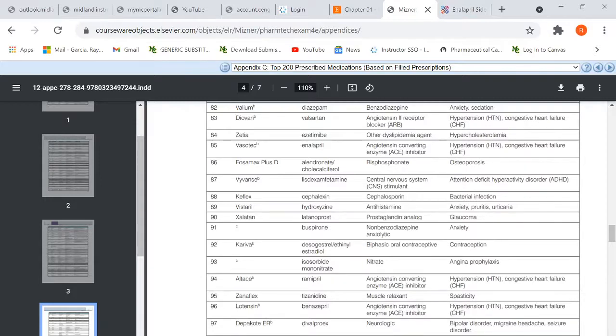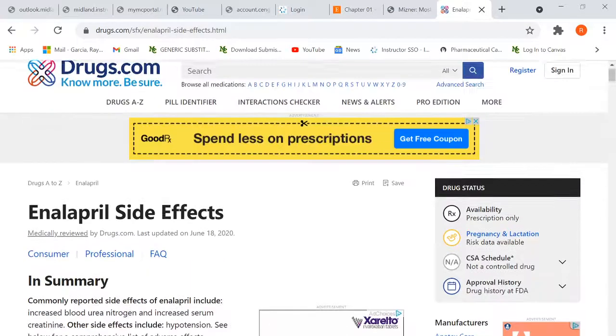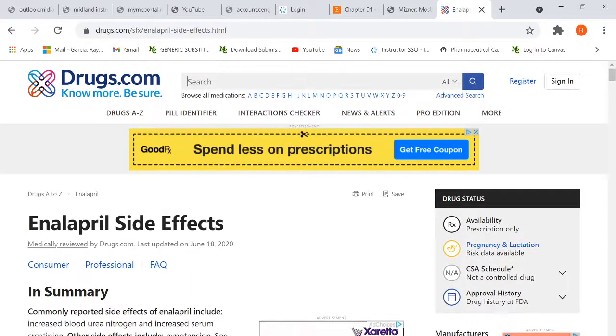Hypertension and congestive heart failure. Okay, we see that again. So most ACE inhibitors are for congestive heart failure and hypertension. Let's see what it tells us as side effects.